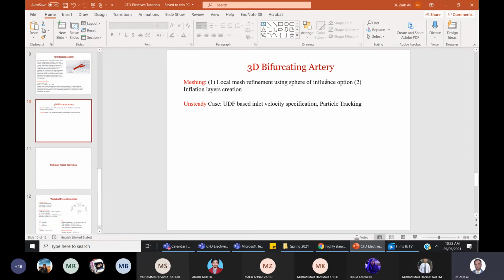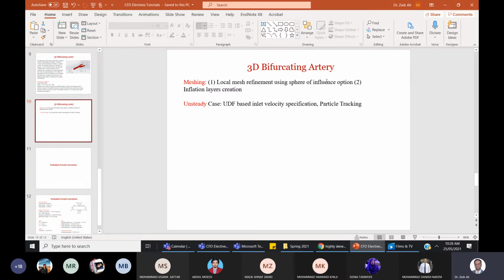The other thing in the meshing is how to introduce inflation layers. Inflation layers again refer to how we can create a hybrid mesh. I just mentioned that to account for the boundary layer effect near the solid surface, you create a structured mesh, and away from the solid surface or the walls you go for an unstructured mesh.